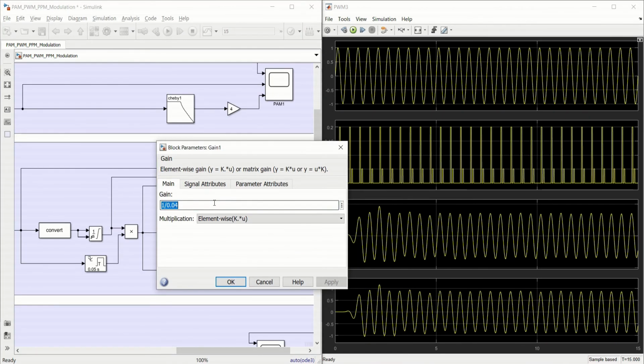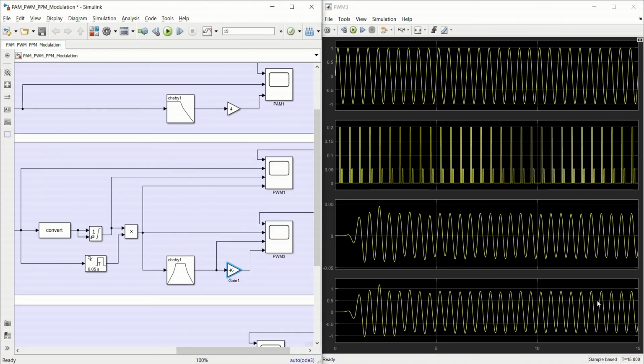with this setting to recover back our original message signal. Now based on the order of this Chebyshev band pass filter, we would have some settling time, right? And afterwards over here you can observe that this is almost following the message signal itself with the same period.